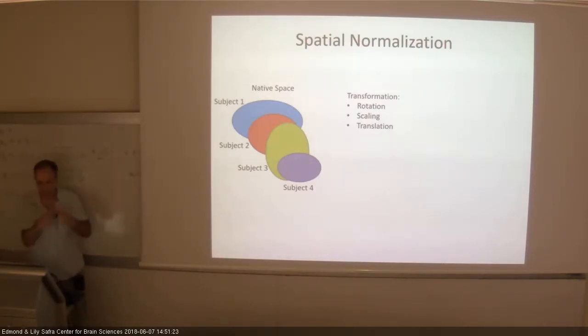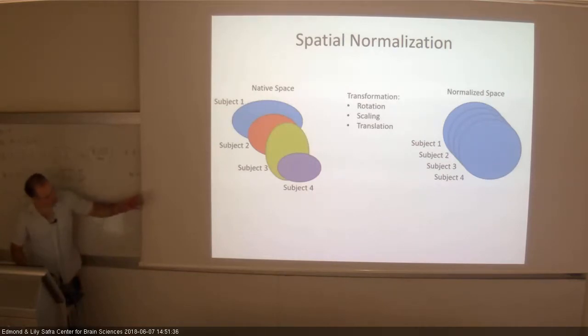Here we also do scaling, because rotation won't help us, the brains are just different, the sizes are different. This is what you would get: you have these different locations and sizes of the brain, and you get something unified.